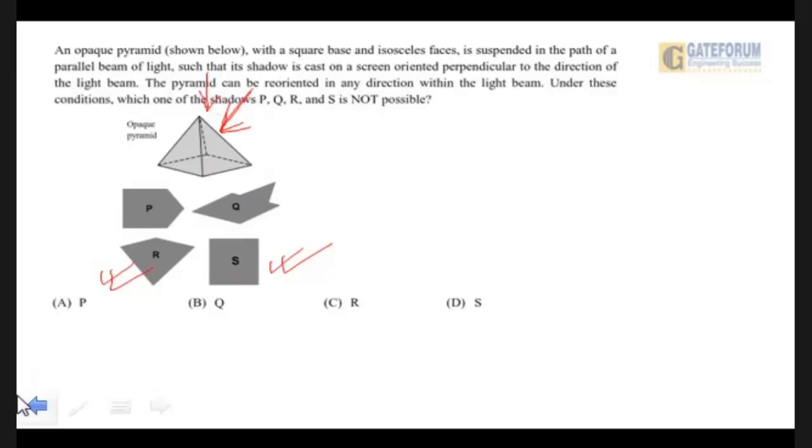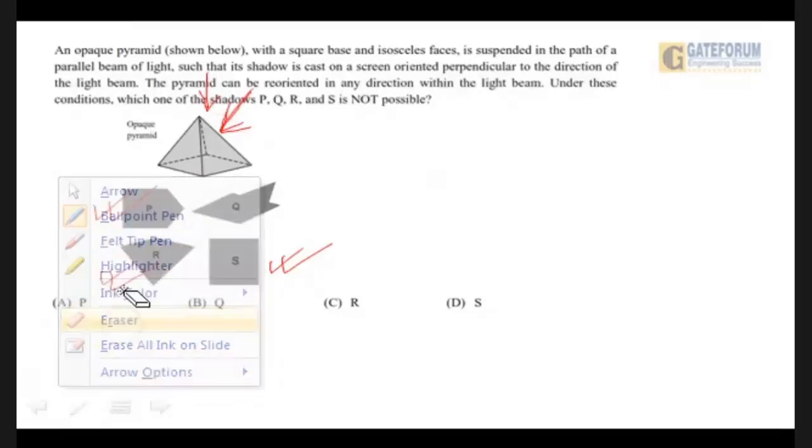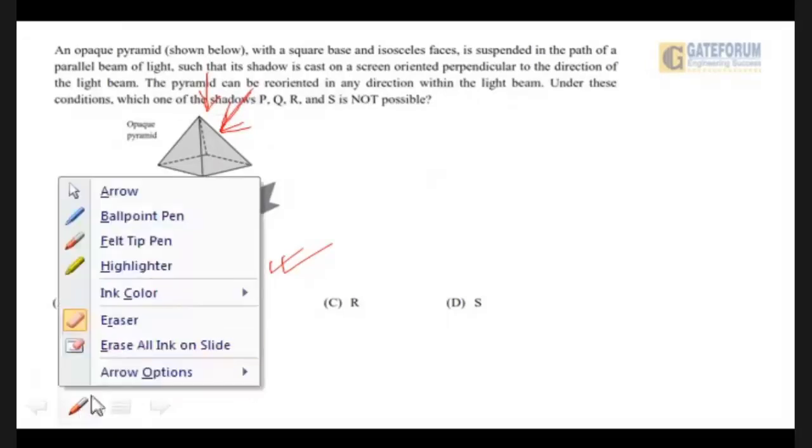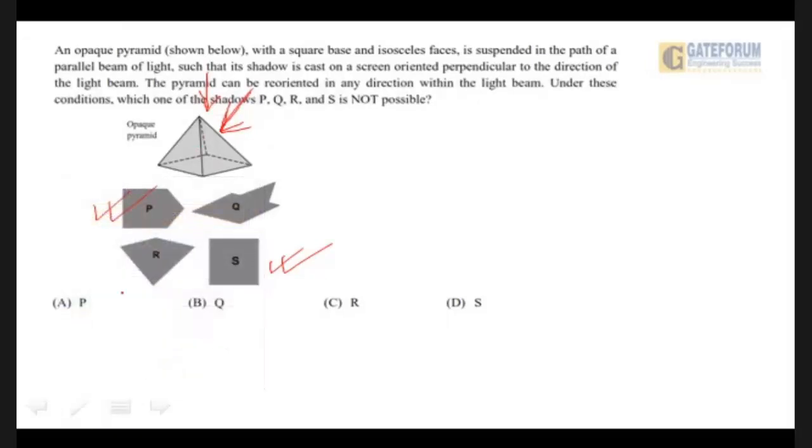Not this one, my apologies. This one is highly possible if the light falls from this. Now this one would be if the light falls from the bottom with a certain angle, because this also has a little tapering angle. So this can be possible.